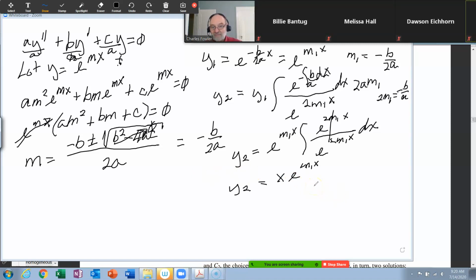So basically, you go back here and plug them in, your general solution would then be y is equal to C1 e to the m1x plus C2 x times e to the m1x. I would have put minus b over 2a, but they leave it m1.